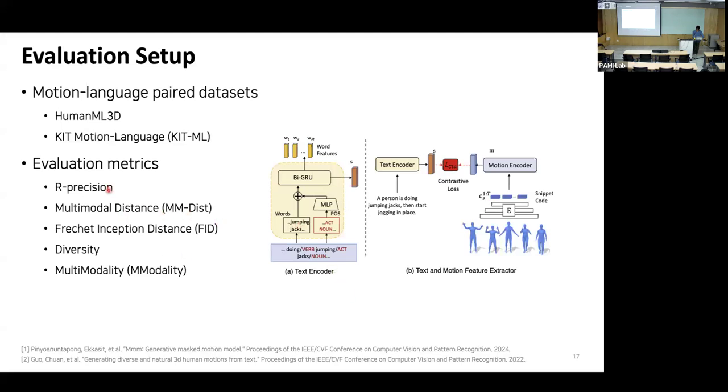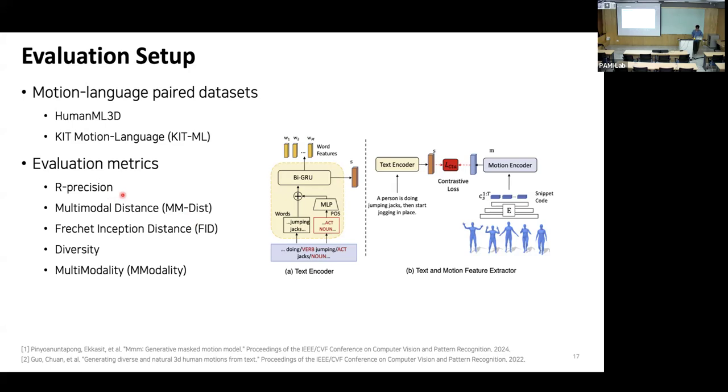First, R-precision means that for each generated motion, we get the ground truth text description and a number of negative text descriptions.